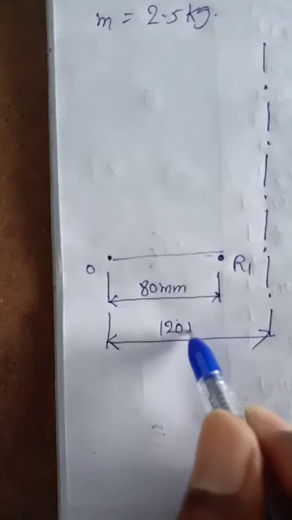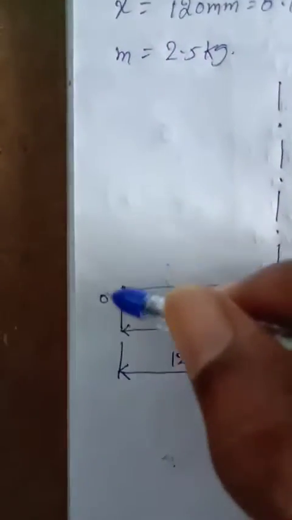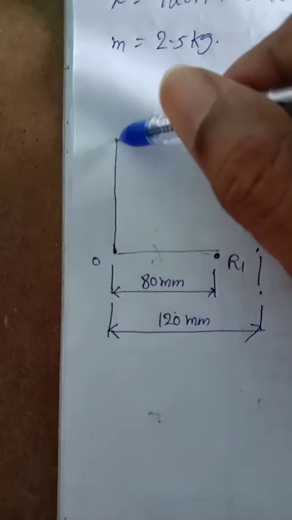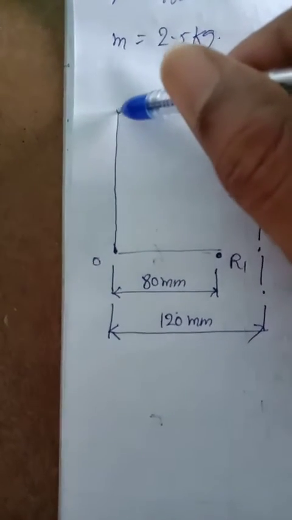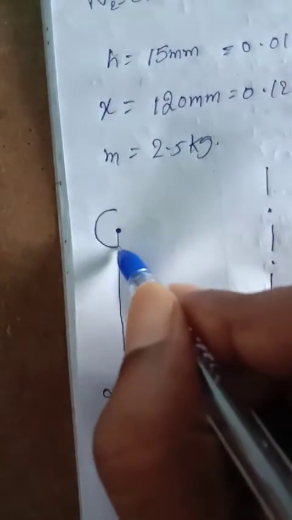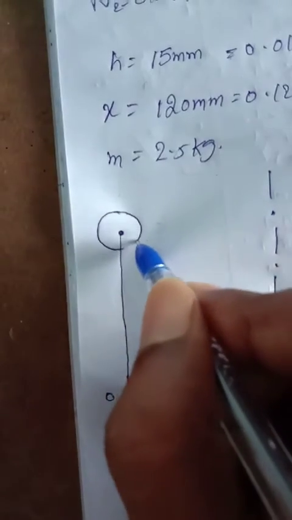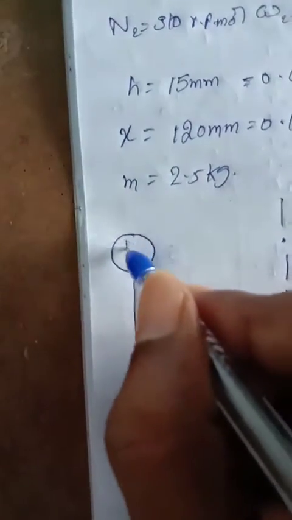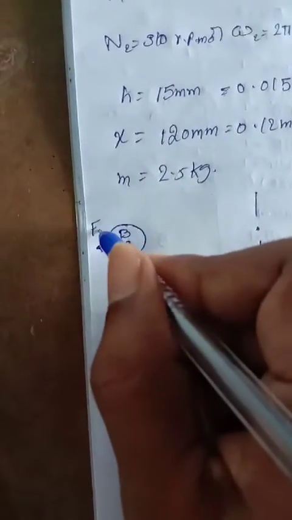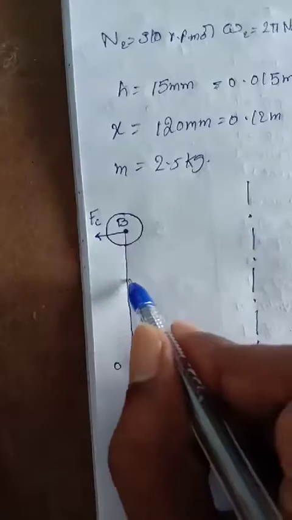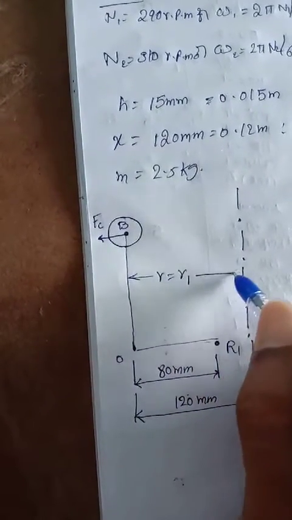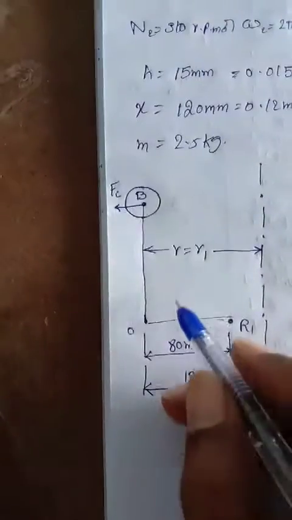This is r, this is called B, and then this is Fc. r is equal to r1, there is no difference.